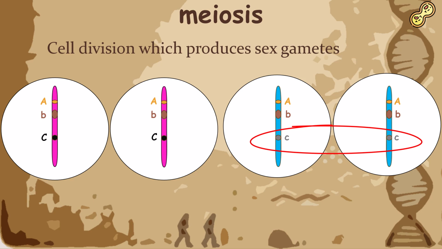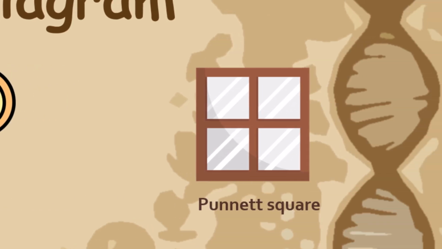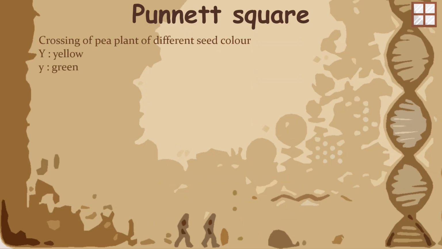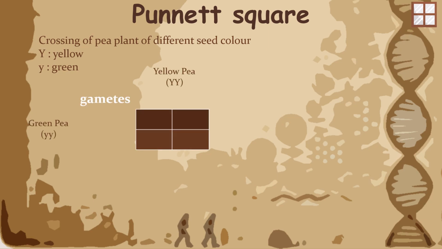With the knowledge of how alleles are distributed and their percentages, we can explain Mendel's observations using a Punnett square. Let us use seed colour as an example. Capital Y for the yellow seed allele, and lowercase y for the recessive allele, which produces green seed. Draw the 2x2 table and we are ready to go.